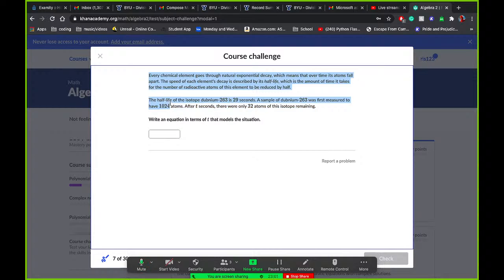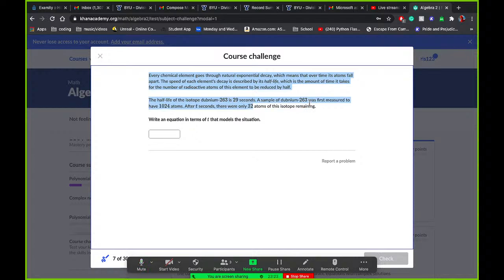The half-life of the isotope dubnium-263 is 29 seconds. A sample of dubnium-263 was first measured to have 1024 atoms. After 2 seconds, there were only 32 atoms of this isotope remaining.